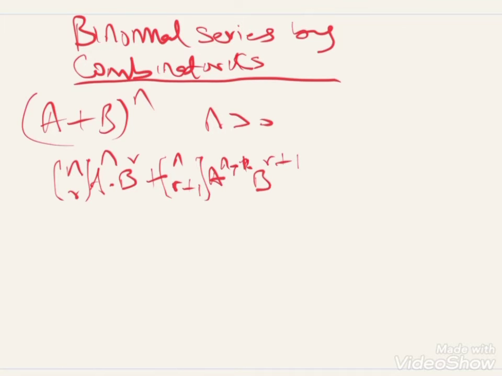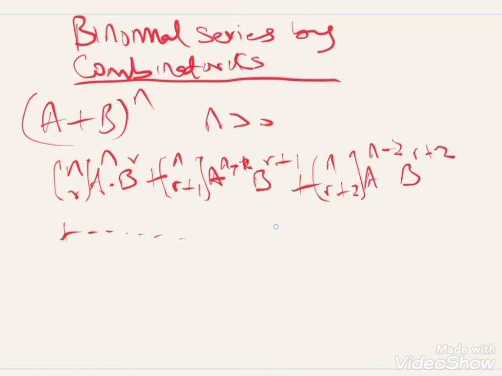Again, we have nC(r+2) multiplied by a raised to the power n minus 1 minus 1, which is n minus 2, then times b raised to the power r plus 2, and in that order till infinity, because the value of n is not known.